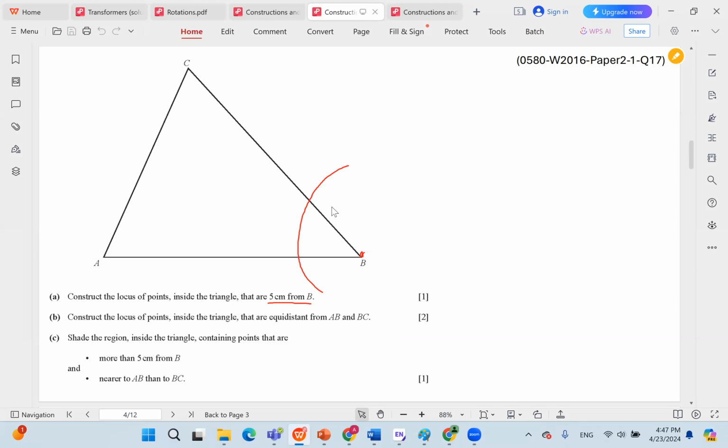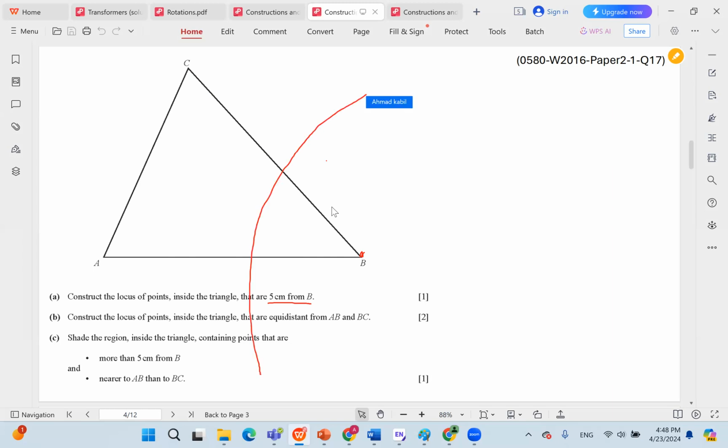Construct the locus of points inside the triangle that are equidistant from AB and BC. So maybe I should have drawn a bigger arc or a better arc. So this was not very accurate. So let's assume that this is the locus of points.